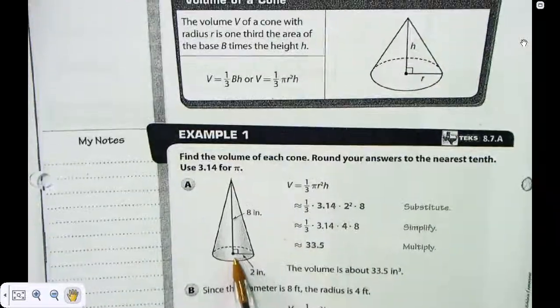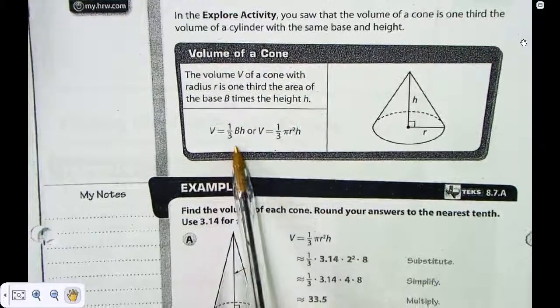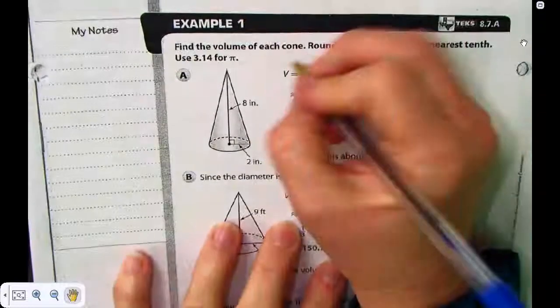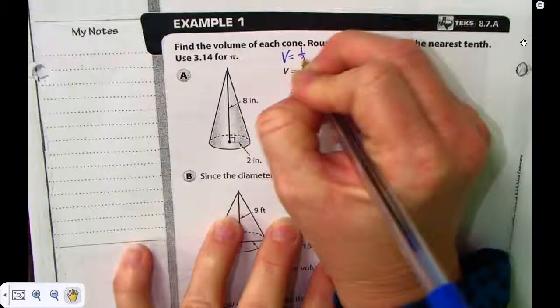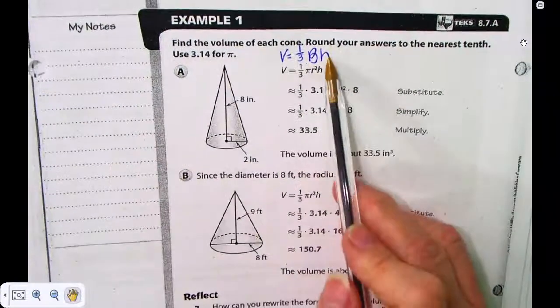What we're doing, that's the formula that you'll see on your formula chart: 1/3 area of the base times the height. So right down here, above this, is the formula you're going to see on your formula chart.